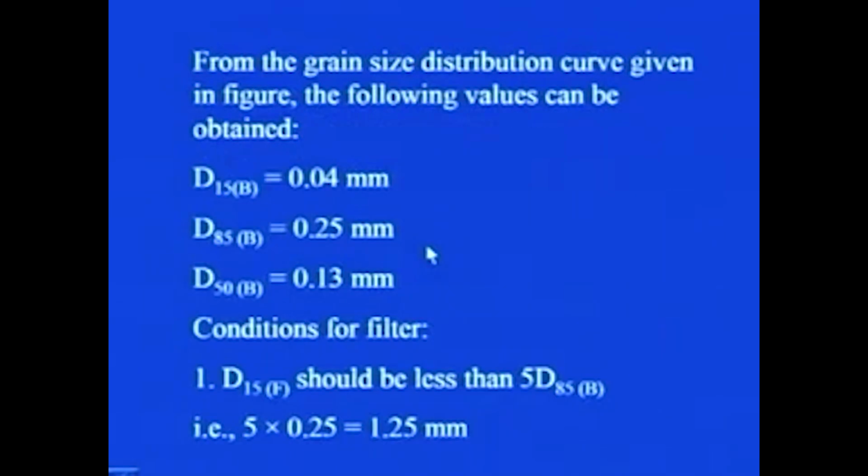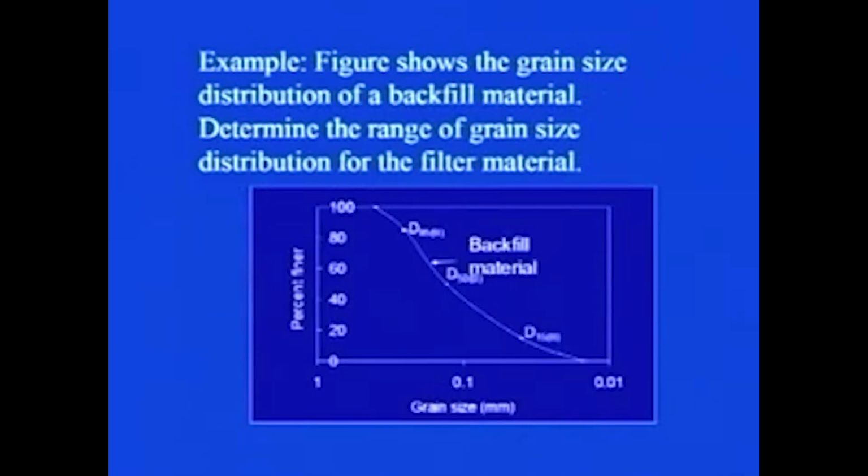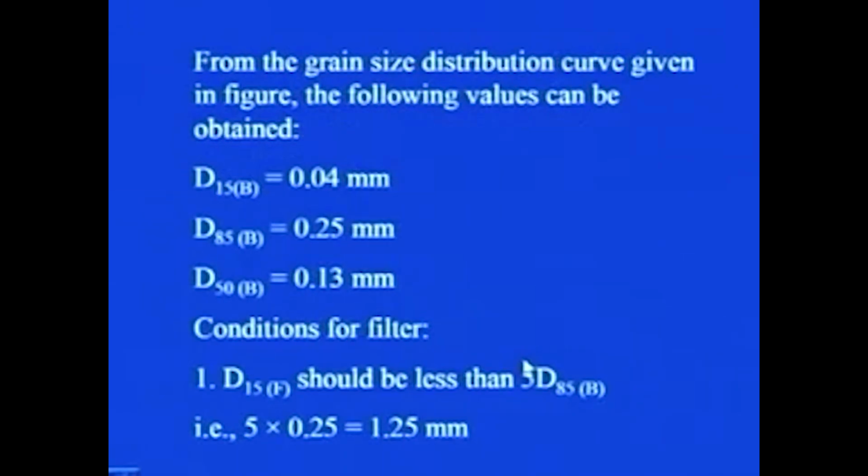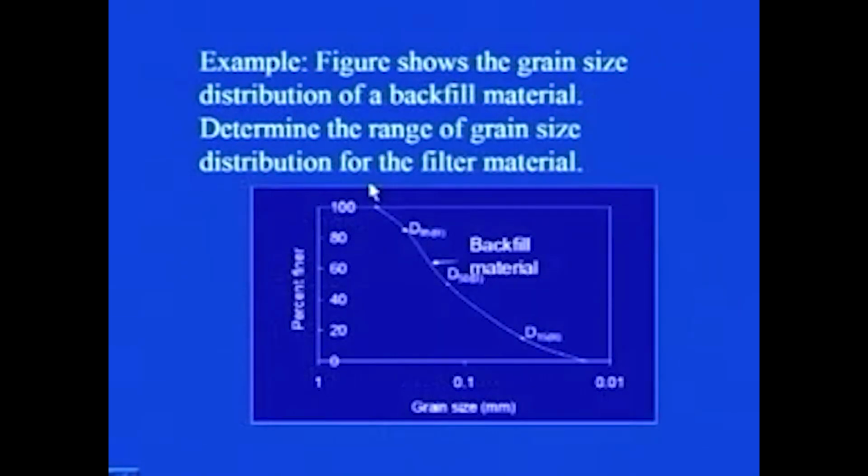Now, from the grain size distribution we can find D15B. You simply go here, pick the value 15, read correspondingly, and that will give you 0.04 mm. You see this is on log scale.